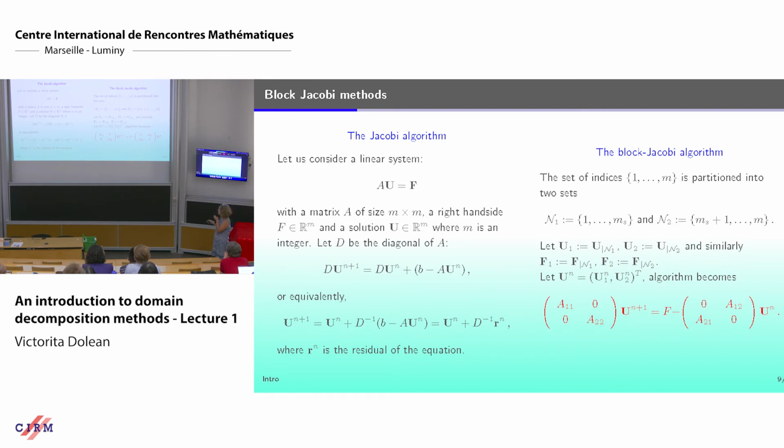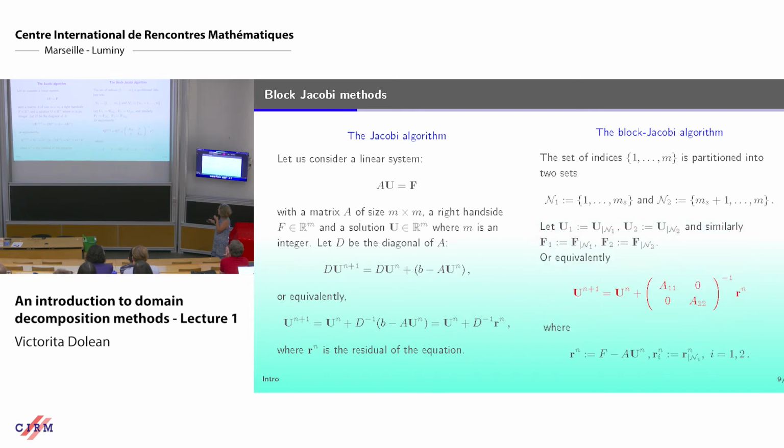And I get here the diagonal block, here the right-hand side, and here the matrix D, the equivalent of matrix D. And again, you can see that the block Jacobi algorithm can be written exactly as the Jacobi algorithm, except that instead of D here, this will be the inverse of the diagonal blocks, right? So these are very, very simple ideas.